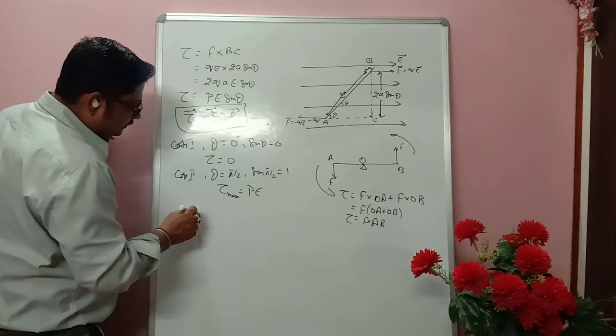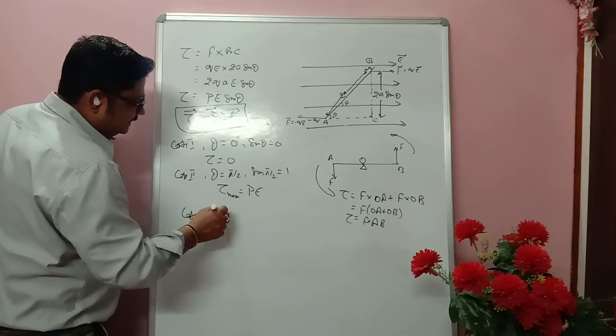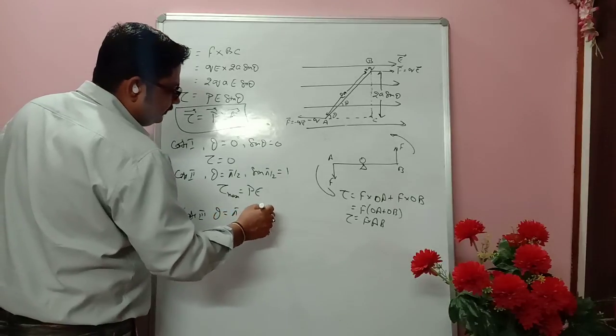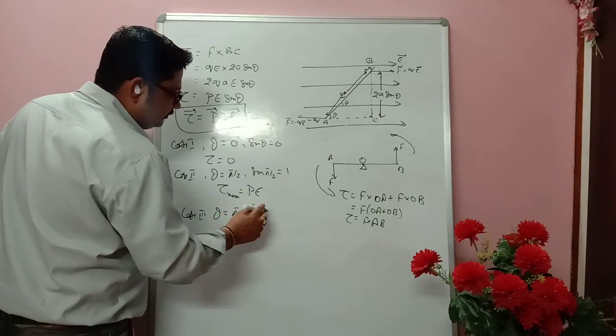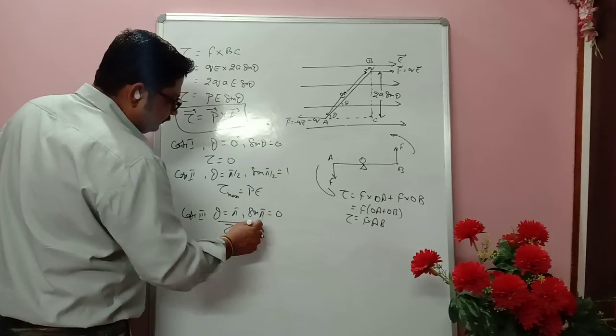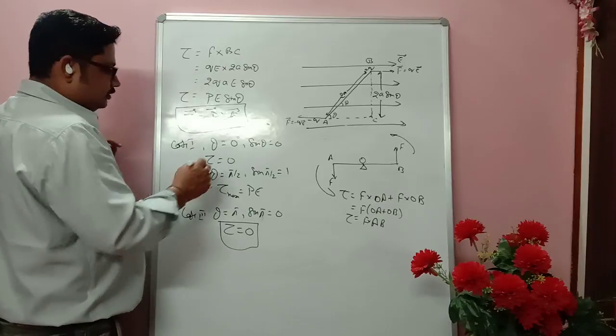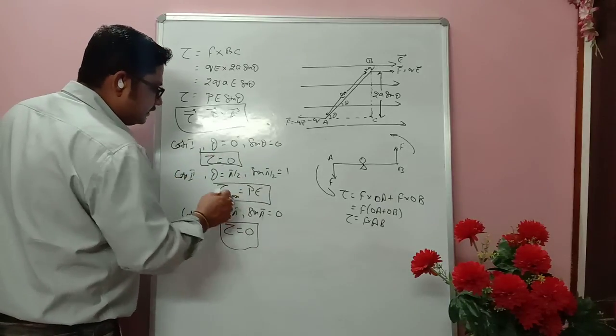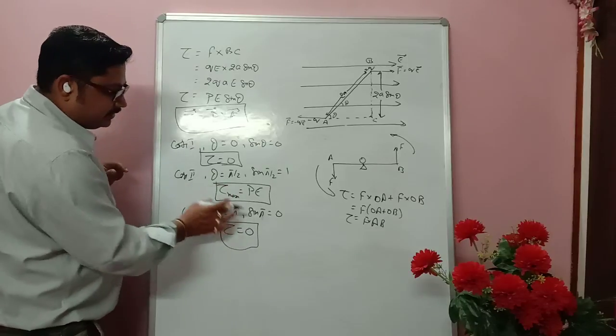In case third, if theta is pi, that is 180 degrees, sin pi is 0, so the torque will be 0. So this is the torque when theta is 0, this is the torque when theta is 90 degrees, and this is the torque when theta is pi.